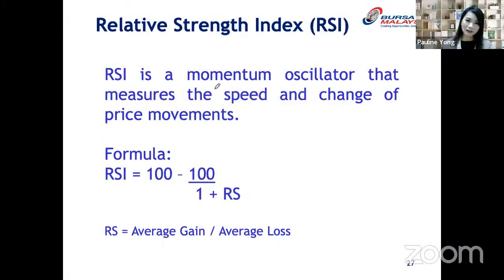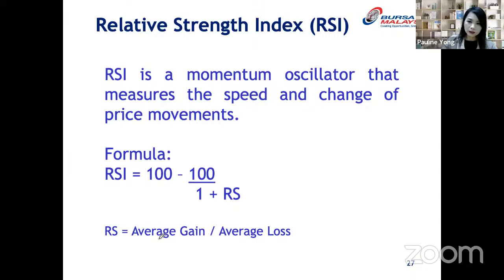So this is the RSI formula, whereby we are using 100 minus 100 divided by 1 plus RS, whereas our RS is the average gain of the past 14 days divided by the average loss of the past 14 days. Each day you have a gain, meaning a positive day, or a loss, meaning a negative day. If you have a green bar, that day is a positive day, a gain. Sometimes you see gainers and losers.